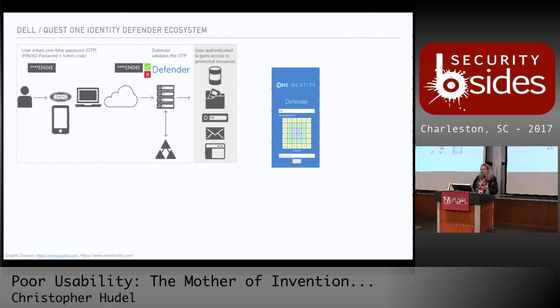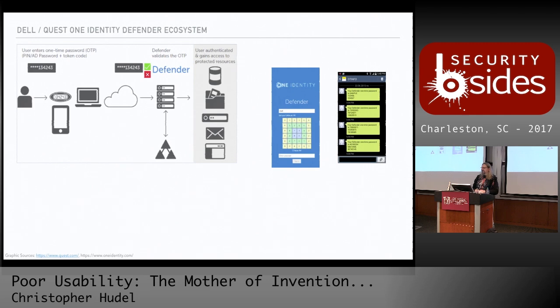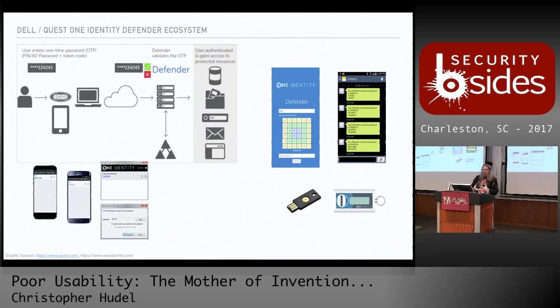They support a whole bunch of tokens. They support their own Bizarro token that has a grid on it, and you have to select stuff. They support SMS token messages. They support YubiKey and what looks to be Vasco rebranded tokens. So they have a whole range of token support. And they also support software-based tokens, right?